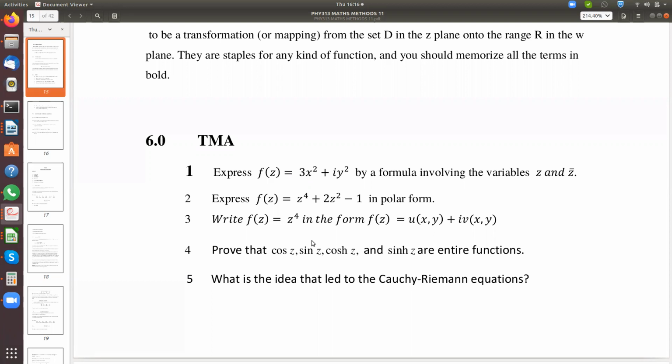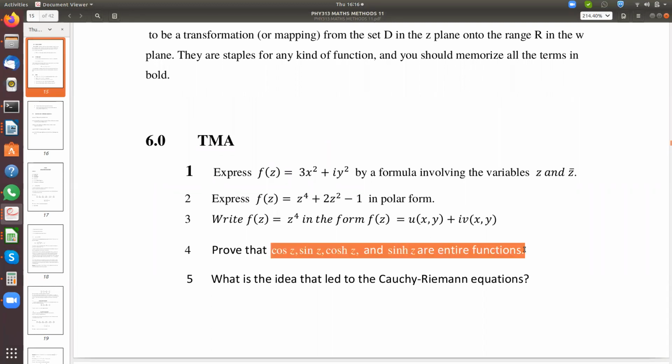I was thinking that we normally have the solved solution already. Yes, but for this one, I've not solved all of these myself. The only one I could not do was the one on the entire function. Are you referring to this? Yes, sir.